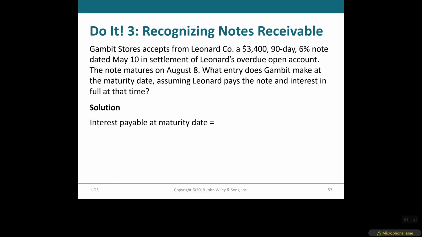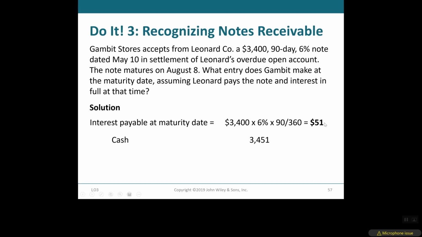So what is it going to pay? Our principal is 3,400. The days is 90, and then we have 6%. Again, we're going to use 360. So we have 3,400 times 6% times 90 divided by 360, which gives us 51. Cash is 3,451. That's what we're going to get.